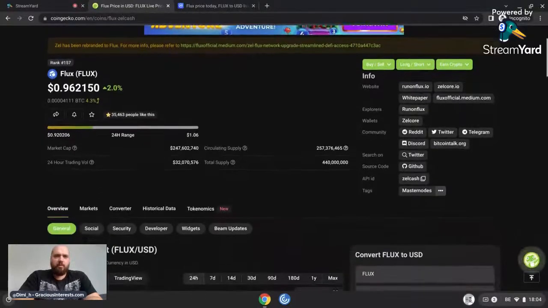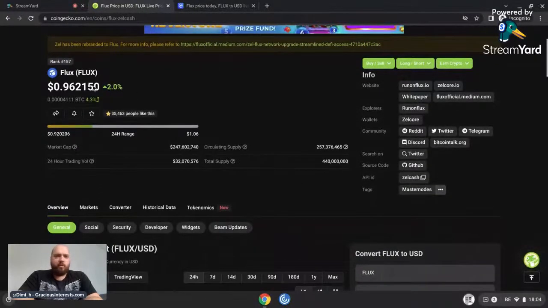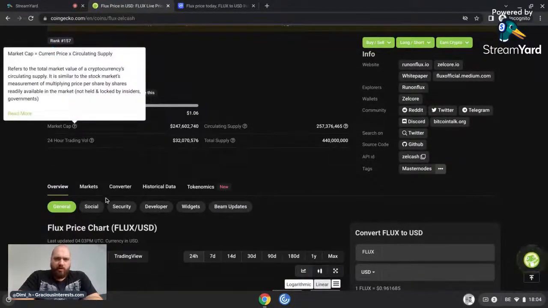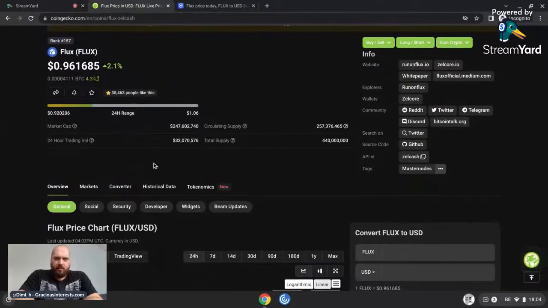Okay. So what do we see here? 2% upwards. Nearly trading towards $1 in value. Is it going to be a stable coin? No immediate idea. Current market cap is about $247,602,000. 24-hour trading volume, 32 million.